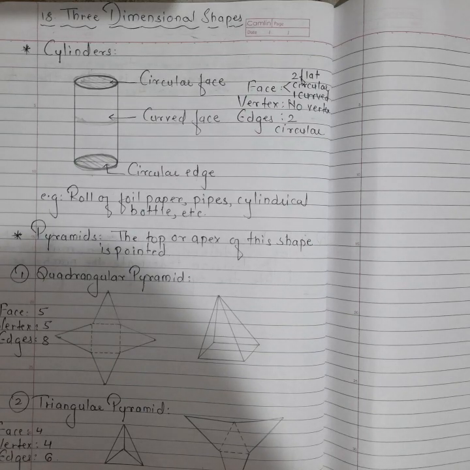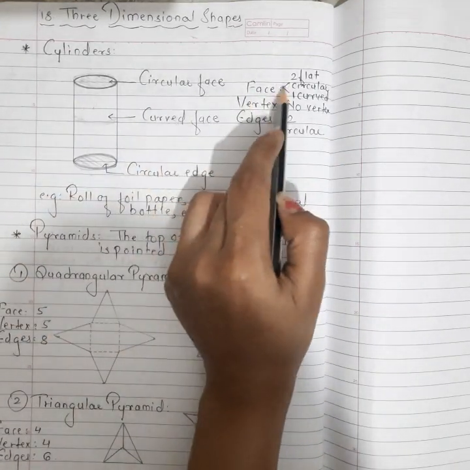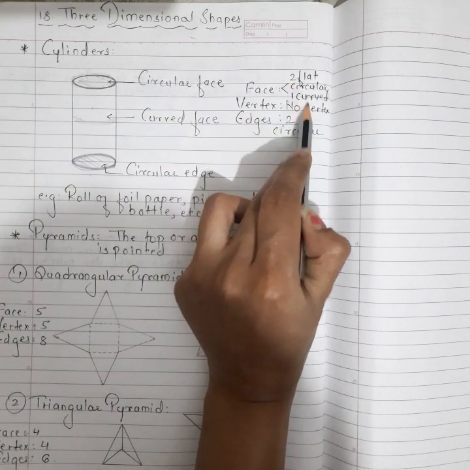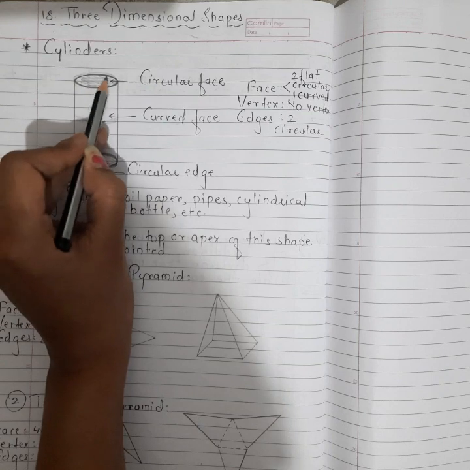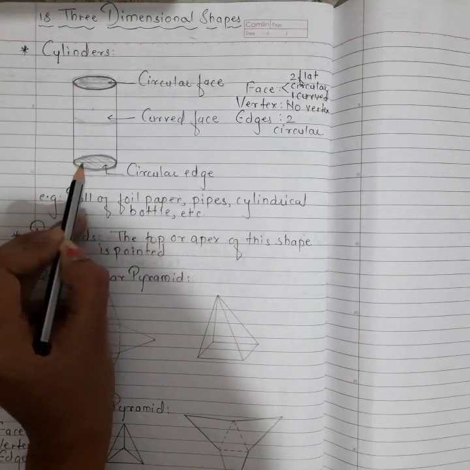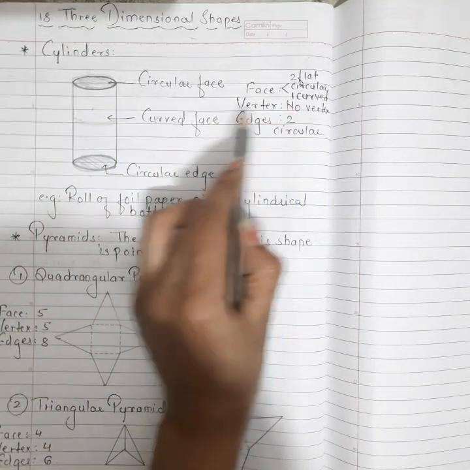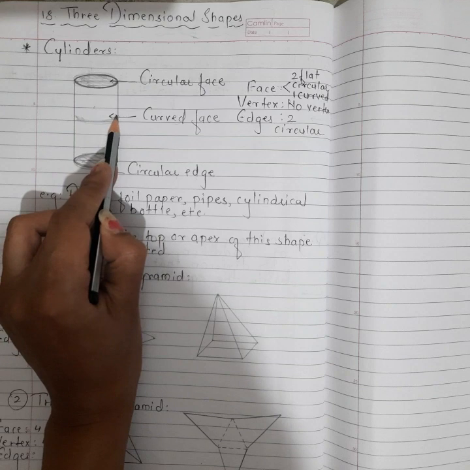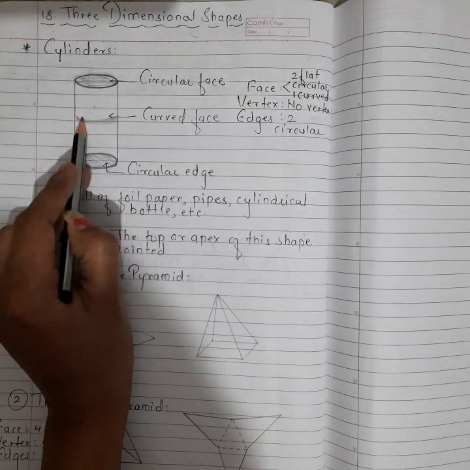Understood? So the cylinder has two flat circular faces. Here on the top, this is one flat circular face and this is the other flat circular face, and one curved face. Here it has one curved face, a curved shape face.